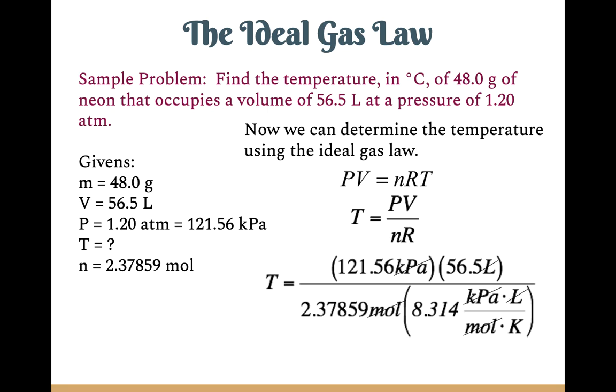All the units cancel except for Kelvin, the temperature unit. So that's what we've got, 347.3 Kelvin. We want to convert that to degrees Celsius, so we subtract 273 to get a final answer of 74 degrees Celsius.